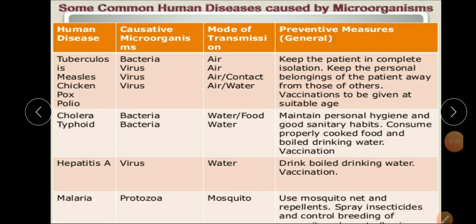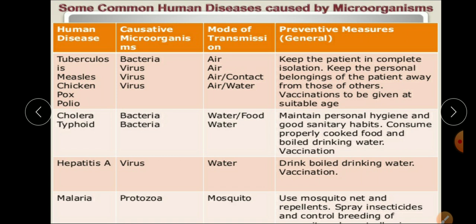So here there is a list of measures which help to avoid the spread of malaria. These are the common human diseases caused by what? By microorganisms. Human diseases, that is tuberculosis, measles, chickenpox, polio. What are the causative microorganisms?